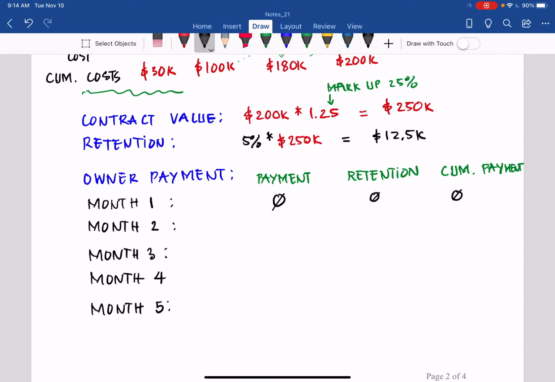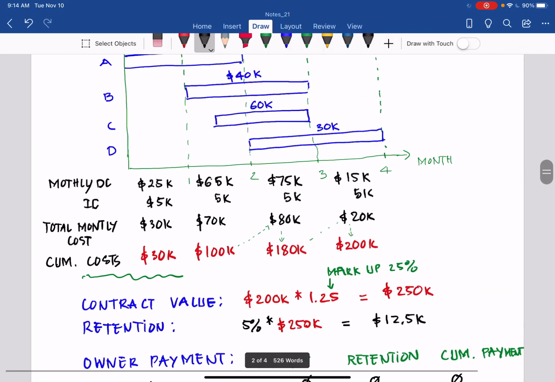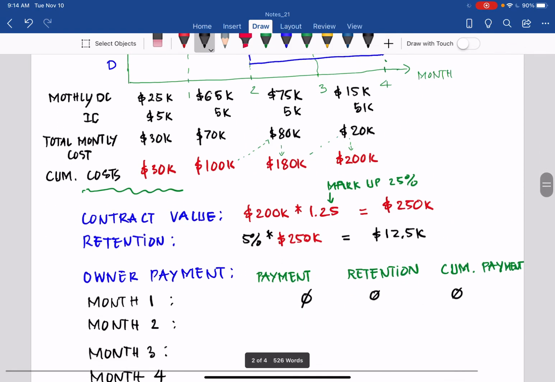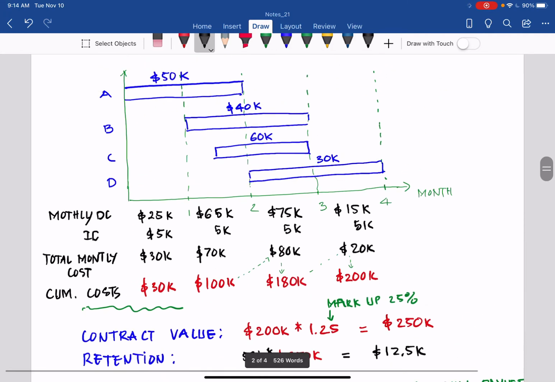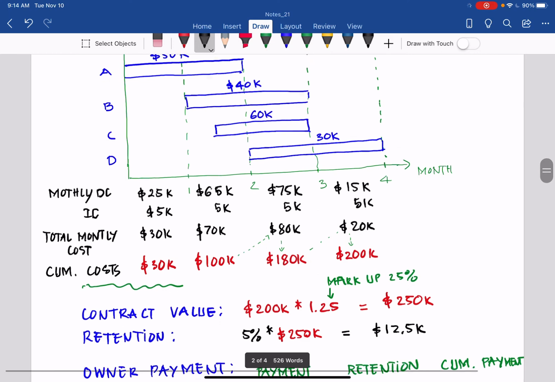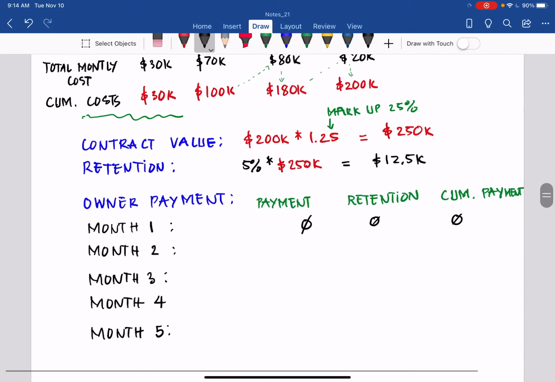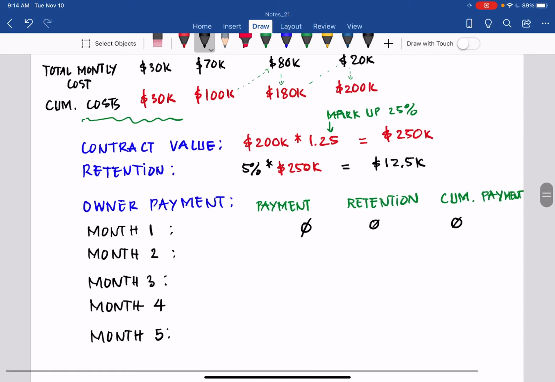Month 2. Let's fill in the numbers here. Month 2, the total monthly cost spent is 30,000, with the markup of 25%, and of course the retention of 10%. So the owner only pays, let's see here, 30,000 for monthly cost.